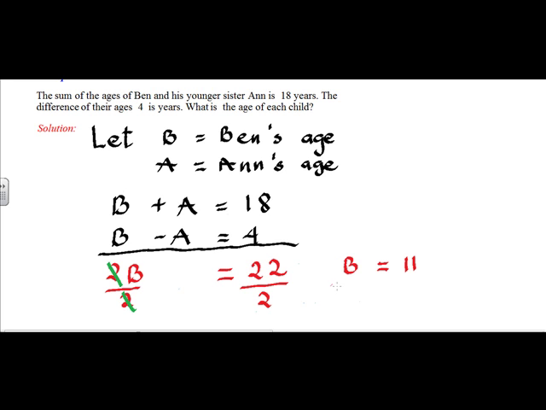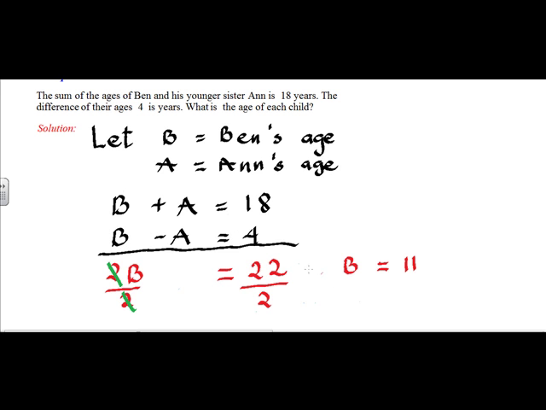So here is Ben's age, 11. Now to solve for Anne's age, you can go back to either of the two equations and solve for A. You can do it in your head, or you can use the second equation.